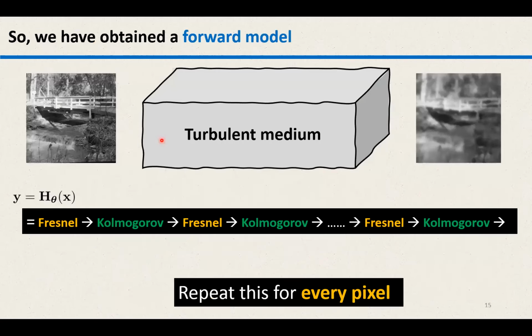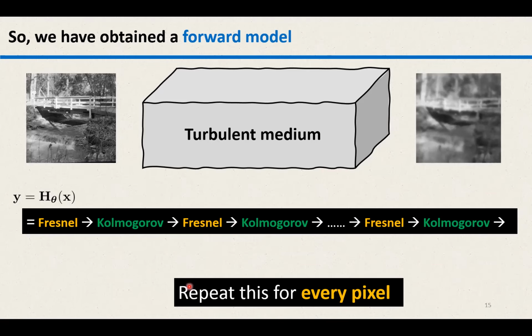And so how do we understand this forward model then? Well, if I give you a clean image, you send it through the turbulent media, you're going to get a distorted image. And this H theta can be represented as Fresnel, Kolmogorov, etc., for whatever number of layers that you need to assume.